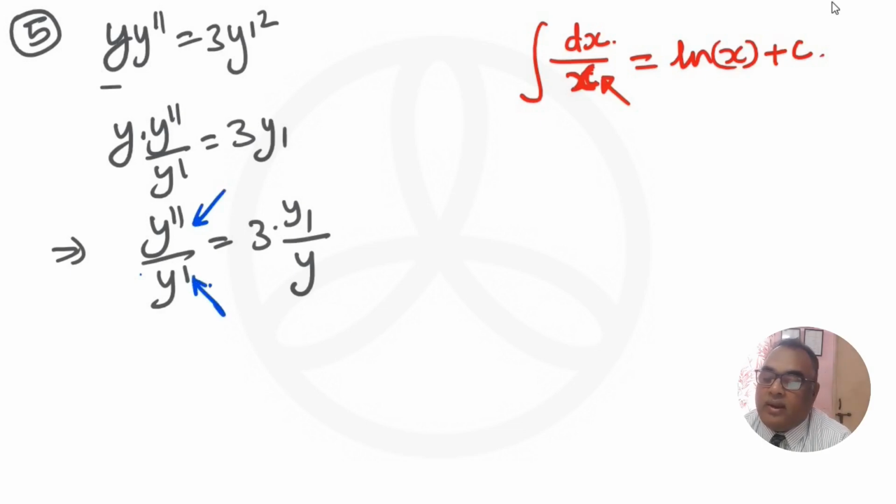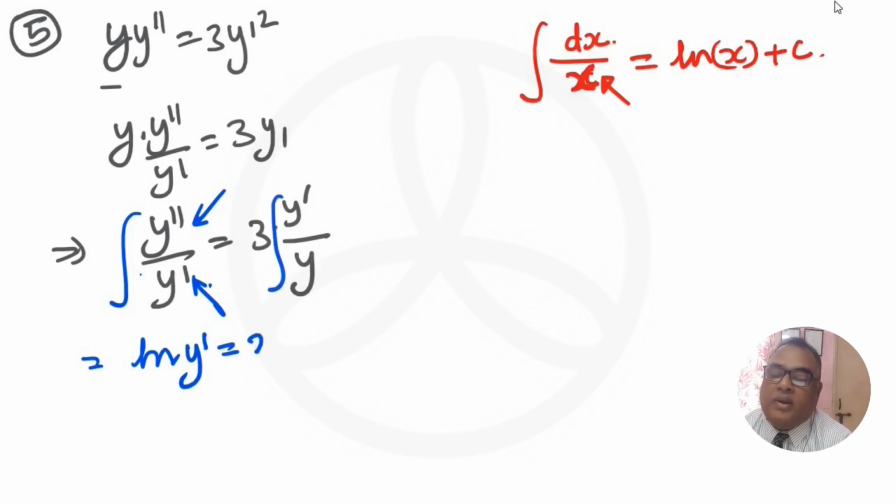We will get ln of y prime. Similarly, if we apply integration here, the one in the numerator is the first derivative of the one in the denominator, which means this will be ln of y. I will add a constant of integration ln c.